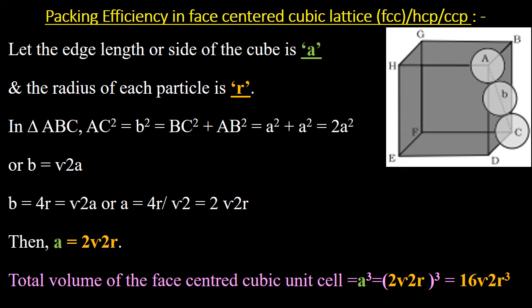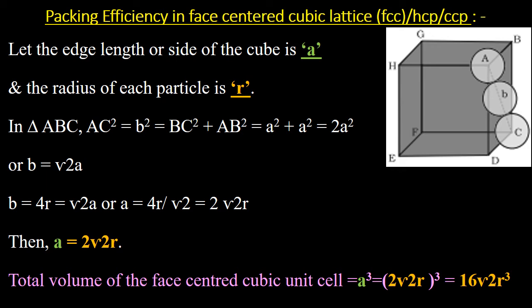On applying Pythagoras theorem, in triangle ABC, AC square is equal to b square, which is equal to BC square plus AB square is equal to a square plus a square is equal to 2a square, or b becomes root 2a. b is equal to 4r is equal to root 2a, or a becomes 4r divided by root 2, which is also equal to 2 root 2 r. Then a is equal to 2 root 2 r.